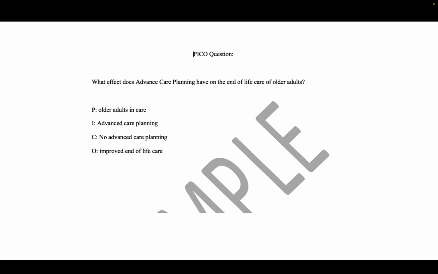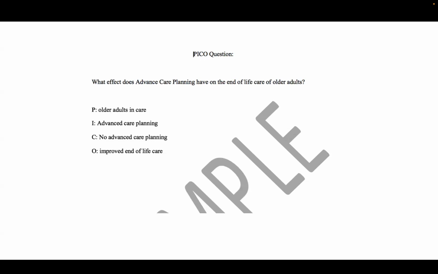So for the title page, you will write Pickle Question, and then your Pickle Question, and then break down the components of the pickle. So the population will be elder adults in care, and the intervention will talk about something about advanced care planning. So what is the intervention you care about? And then the comparison will be like, okay, advanced care planning versus no advanced care planning.